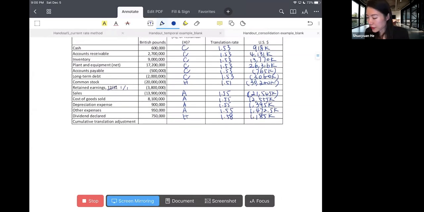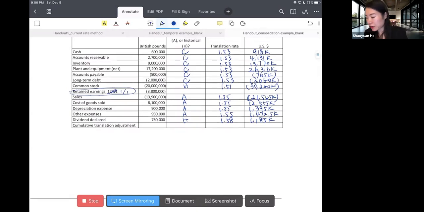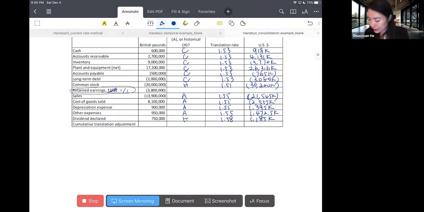And then let's figure out this retained earnings. So this retained earnings amount, I already revised it here. It is actually at the beginning of the year for the firm. So how should it be translated?